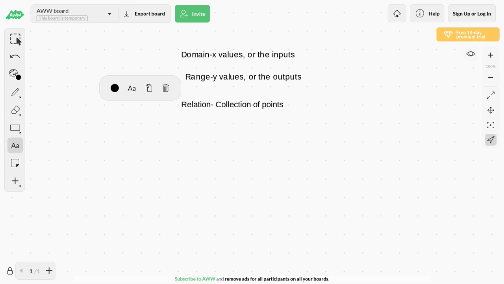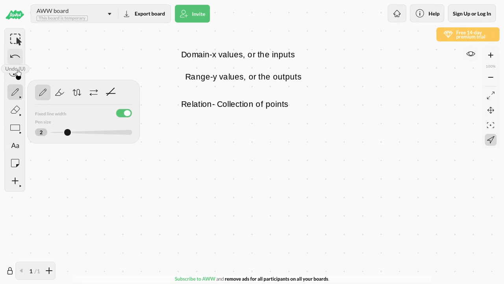Okay, and then the next thing is going to be a relation or a collection of points. So a relation would be you have your graph. Oh my god, they're so loud.